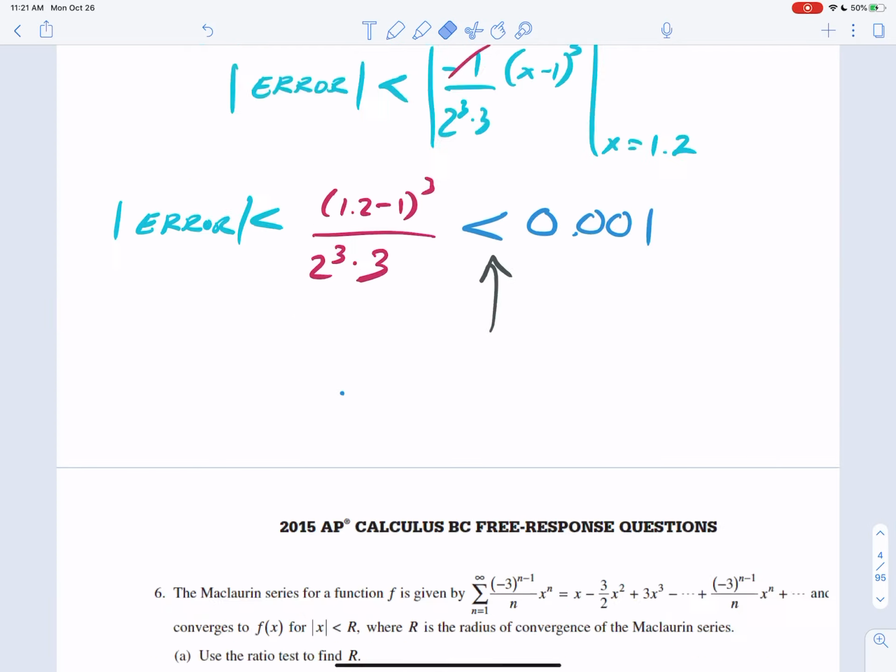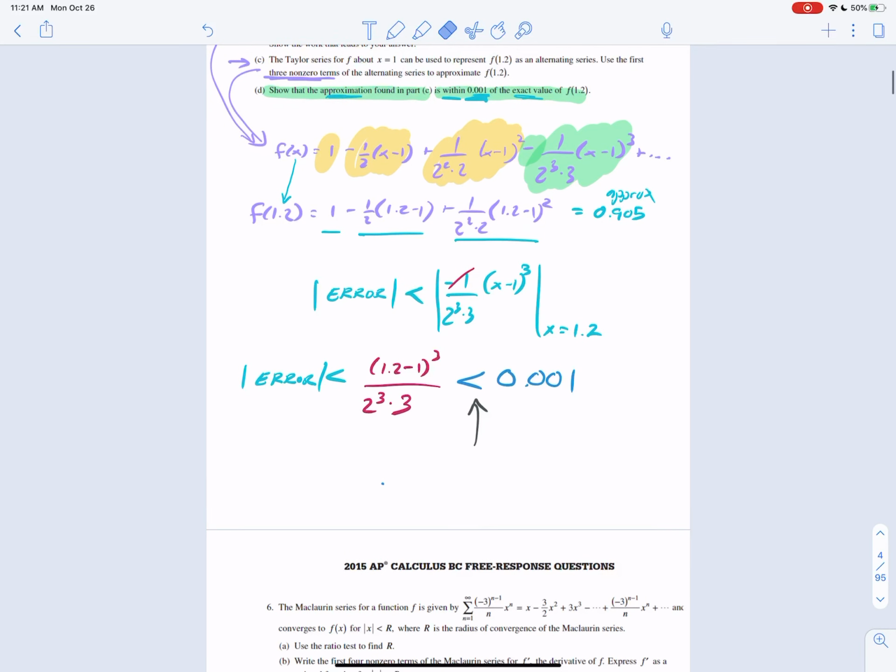Okay, so let me go over what we just did. The actual work, you have to know which term to use and where to evaluate it. You plug it in, and you show that it's less than whatever. Okay, hopefully you guys are catching a little bit of a pattern here.